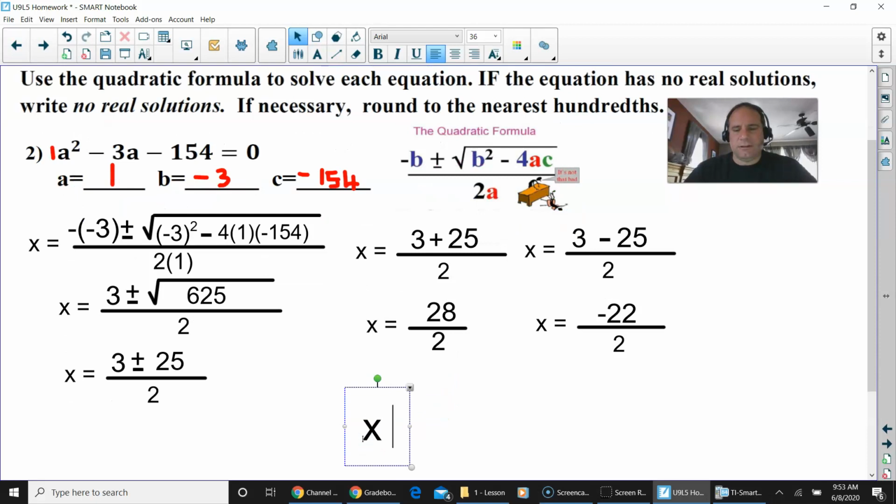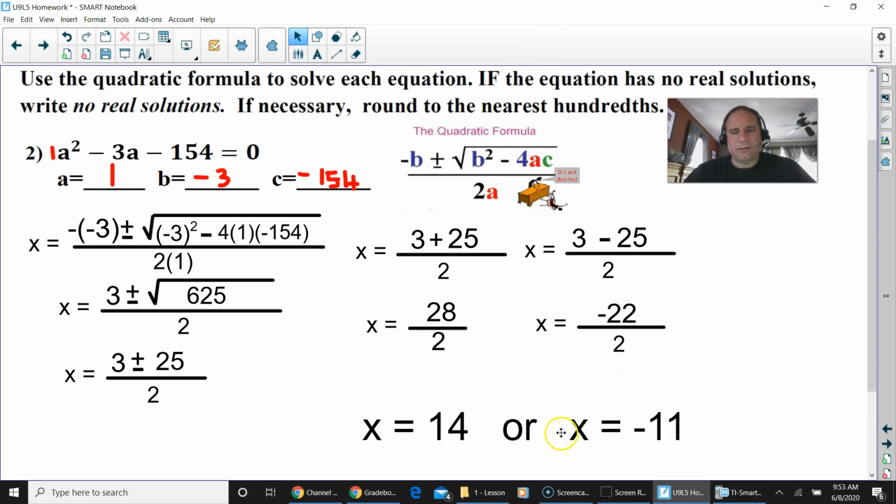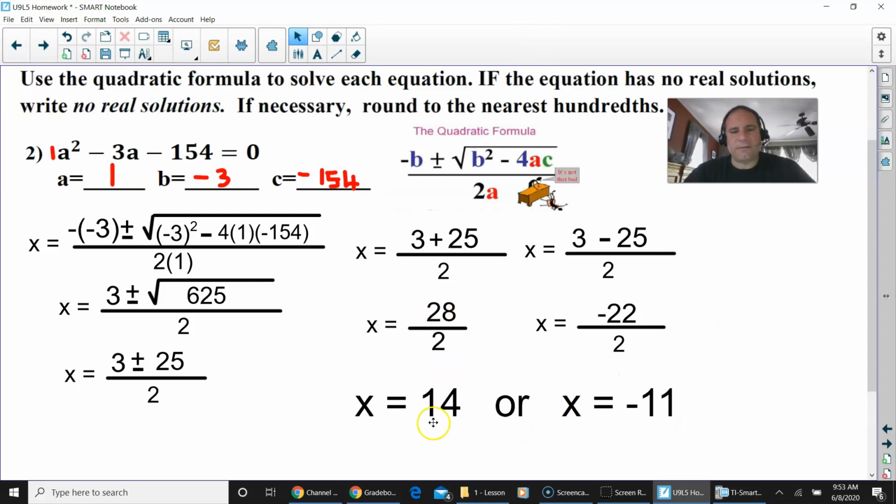One of the roots is 14. And one of the roots is negative 11. So we have 28 divided by 2 is 14. Negative 22 divided by 2 is negative 11. That is it.